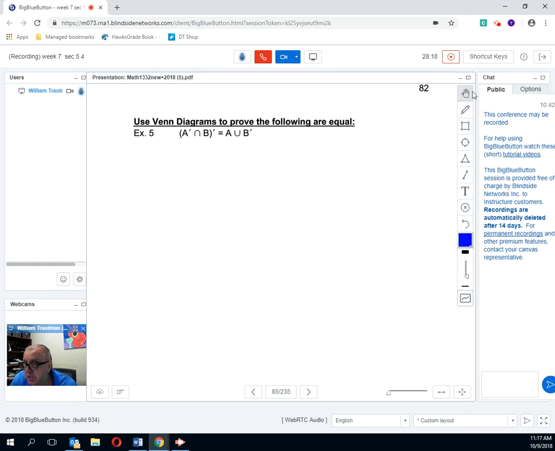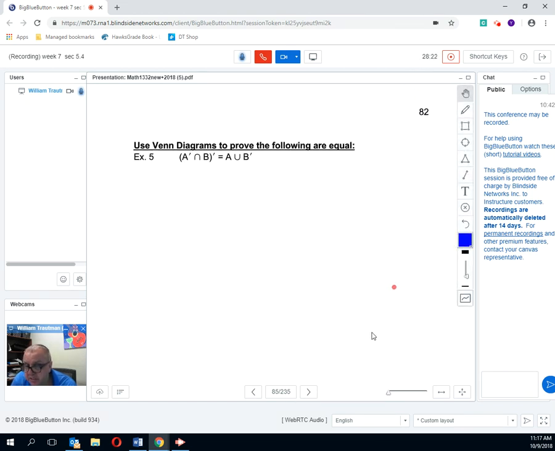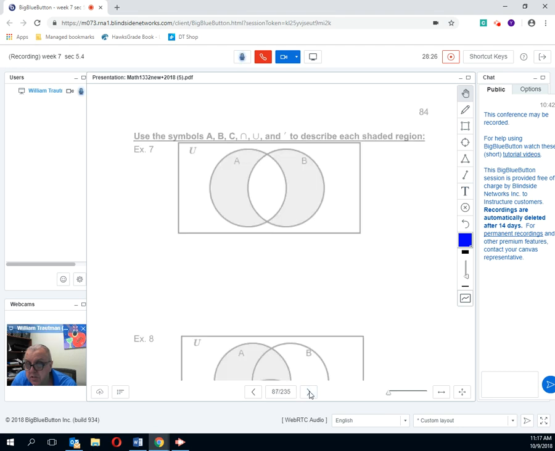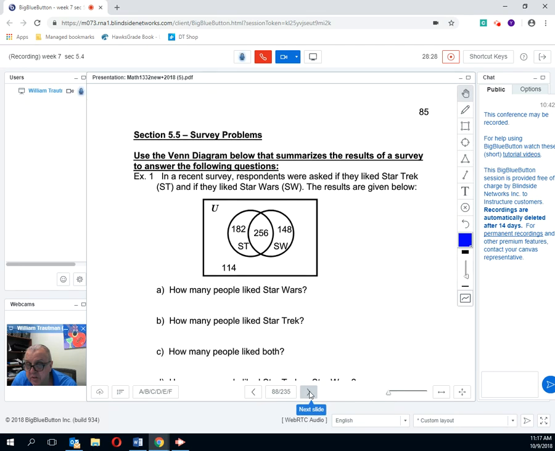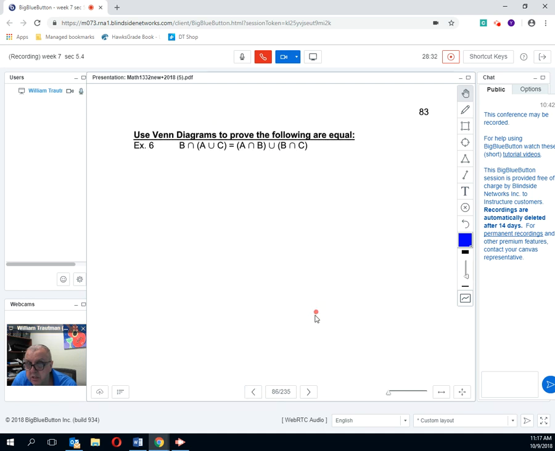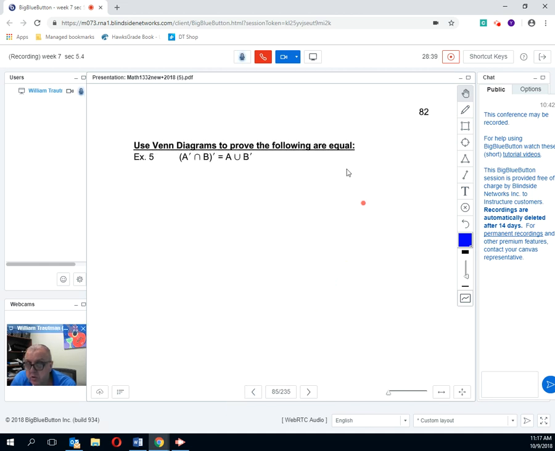I didn't even check, because these are not 3 sets. These are only 2 sets. Oh, there's a 3-setter. 5.5. There we go. That's the end. So we're going to create a Venn diagram and prove this.